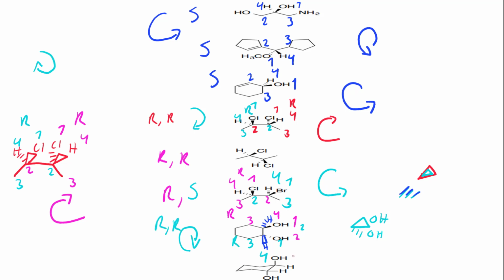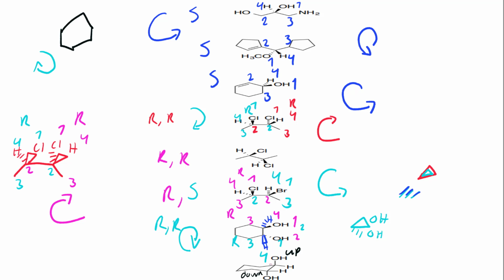Okay. And now we're going to be focusing on this guy. So we have something going upwards, that's the alcohol, and then we have the alcohol going downwards. Okay, so what does that mean? Let's do it over here. First I'm going to draw a cyclohexane.